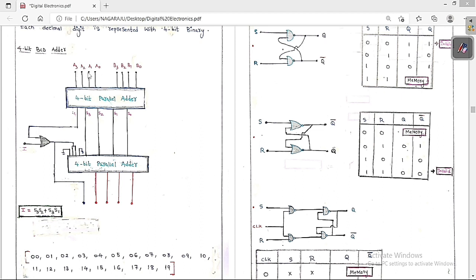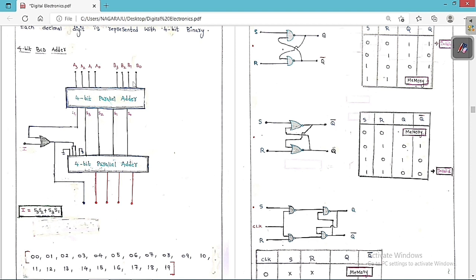The maximum number with 4 bits is 15. Here also we get 15. So the natural number here is 15 and here also it is 15.